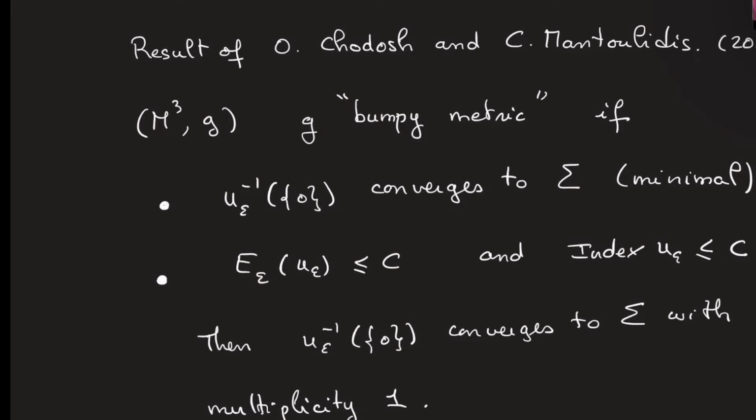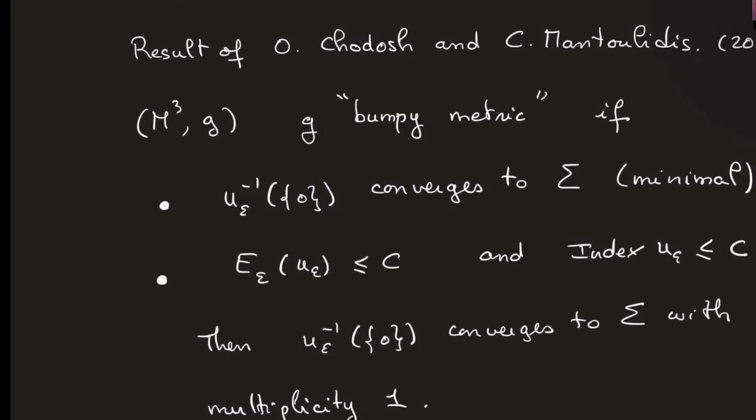So what they prove is the following. If you start with a 3-dimensional manifold, and you take a bumpy metric, so a bumpy metric is essentially something that tells you that there is a dense set of metrics on your manifold for which all minimal surfaces are non-degenerate. This was proven by Brian White a long time ago.